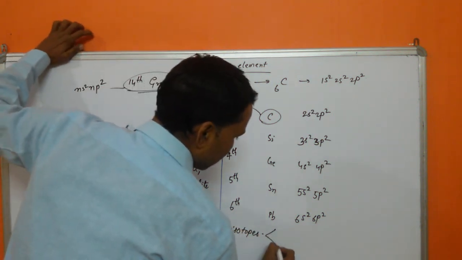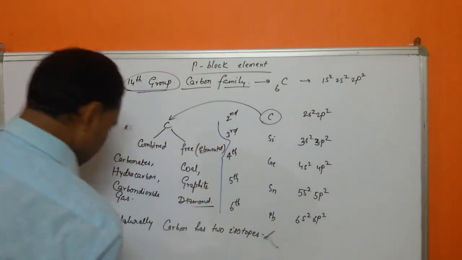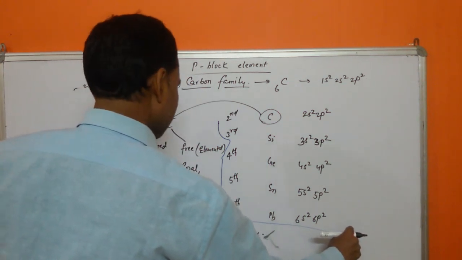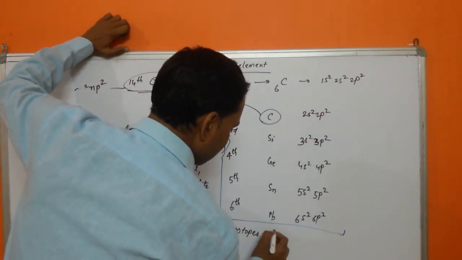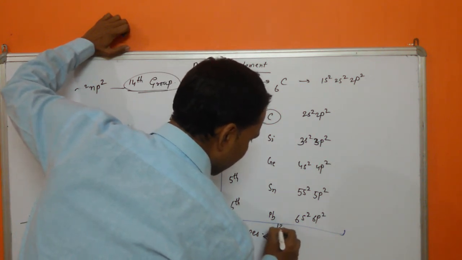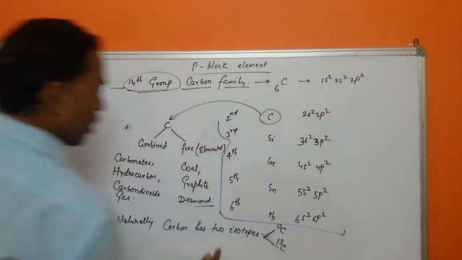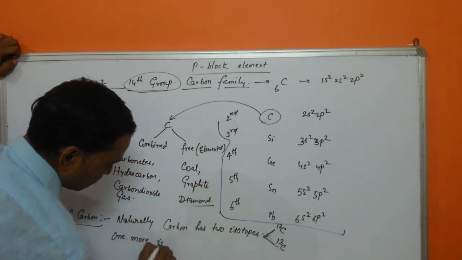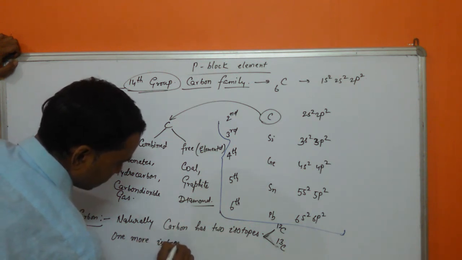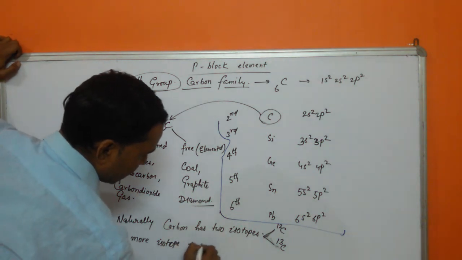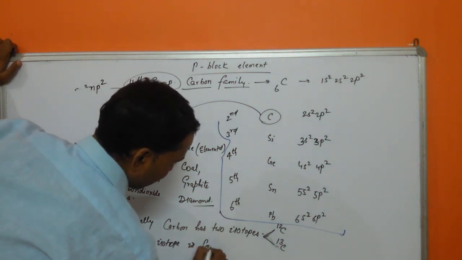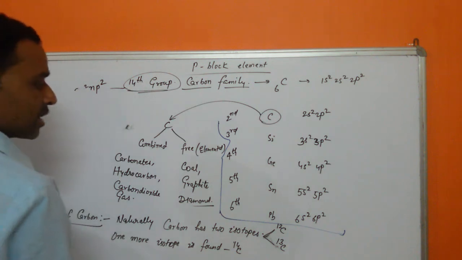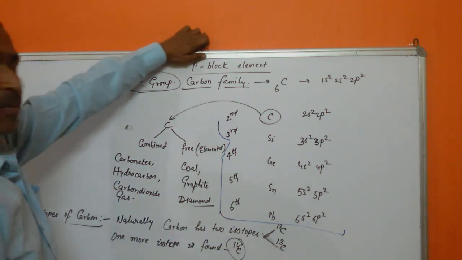Which ones? C12 and C13. One more isotope is found, that is carbon 14, and this is also the most important isotope of carbon.